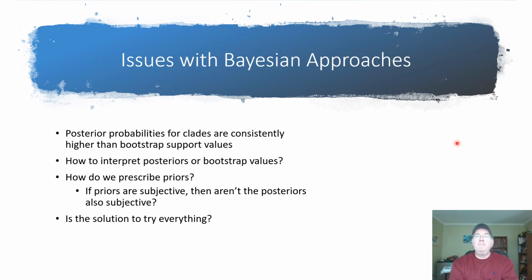One is that posterior probabilities emerging from a Bayesian analysis for particular clades. So you do analysis, maximum likelihood, you do it in Bayesian. The posterior probability values seem to come out consistently higher than the bootstrap support values in the maximum likelihood analysis.